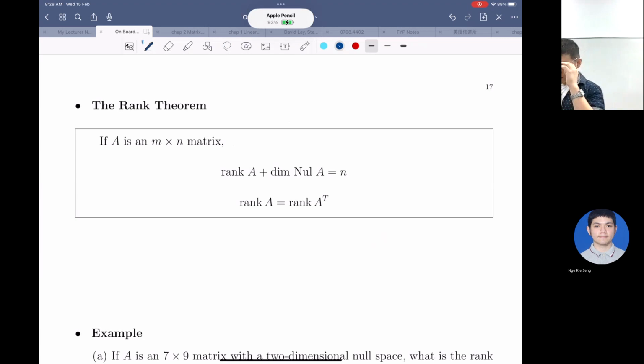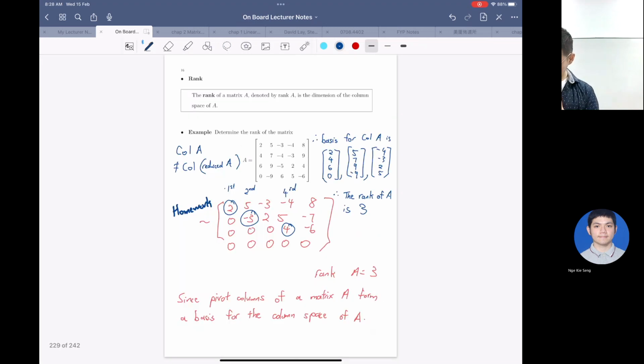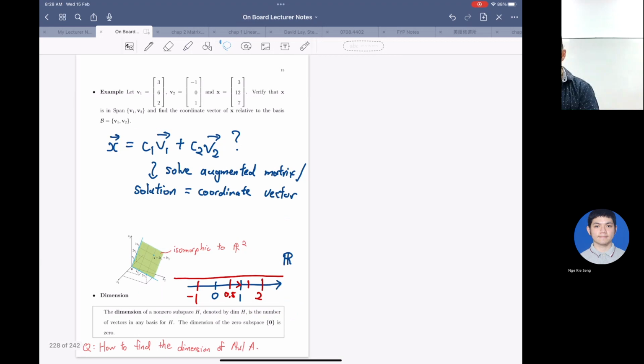Okay, so if A is an m times n matrix, then rank A plus the dimension of the null space of A is equal to n, and the rank A is equal to rank A transpose. Okay, let's look at it one by one here. Maybe we keep this. Okay, this is not reduced yet.